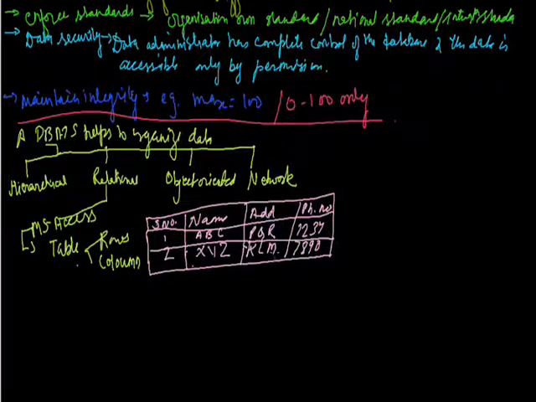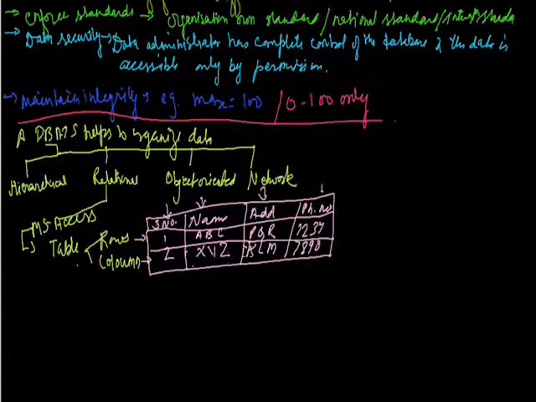Now in this, what we can understand by the concept is, we have serial number as one field, name as another field, address as one more field, and phone number as another field. But row number 1 contains the full information regarding serial number 1, the student number 1. While if we go through serial number 2, we have full information regarding serial number 2.